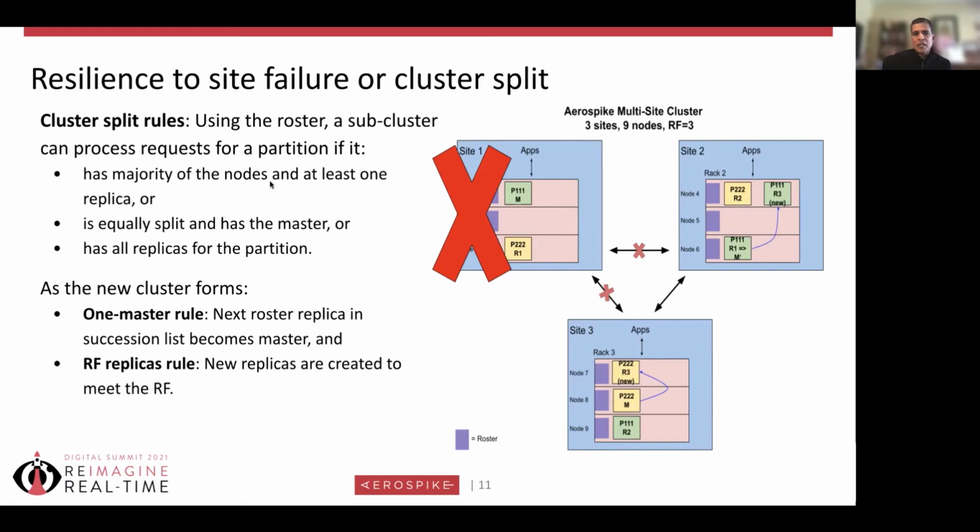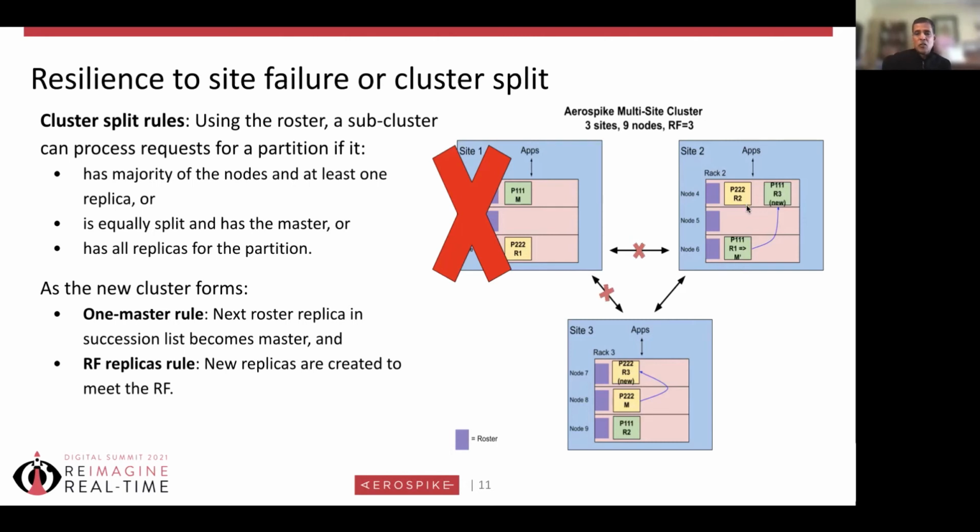That case applies to the subcluster of site 2 and site 3, because it has the majority of the nodes, 6 out of 9, and it has at least 1 replica for all the partitions.